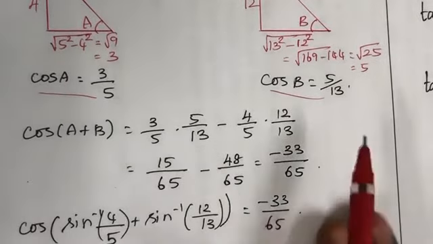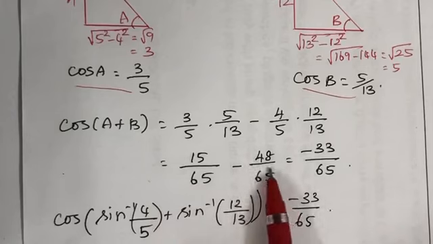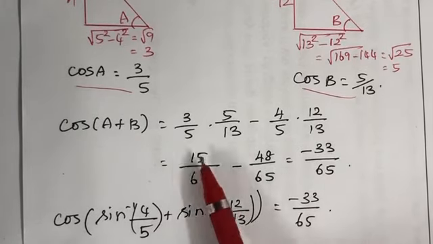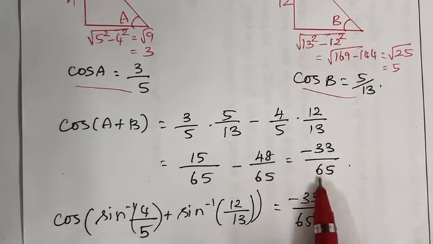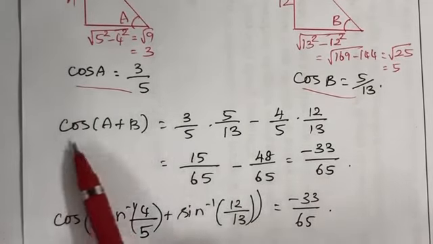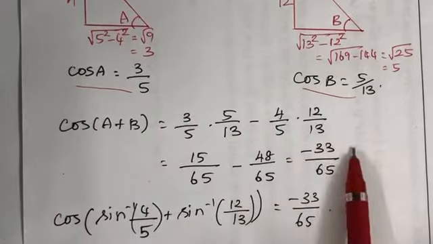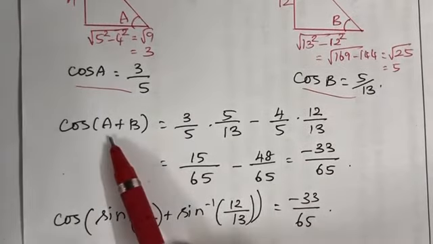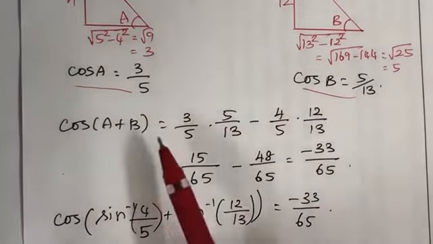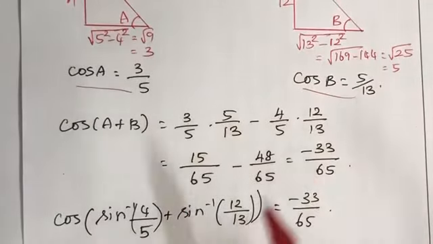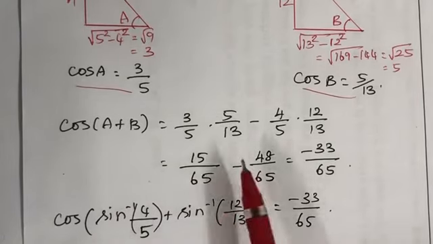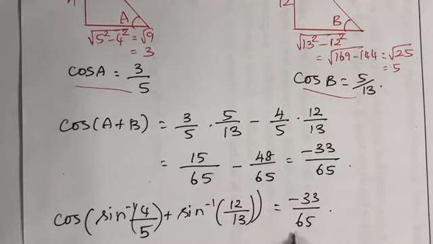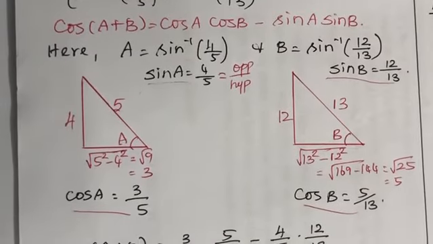While subtracting we get minus 33, smaller number minus greater number. So minus 33 divided by 65, that is cos A plus B equal to minus 33 by 65. What is our A? Sin inverse of 4 by 5. What is our B? Sin inverse of 12 by 13. So cos of sin inverse of 4 by 5 plus sin inverse of 12 by 13 is equal to minus 33 divided by 65, and we got our answer.